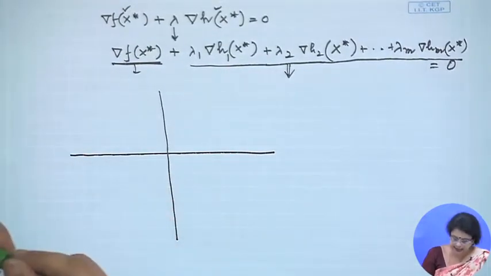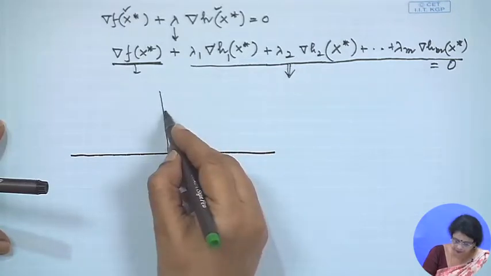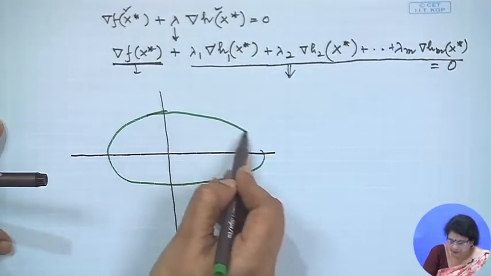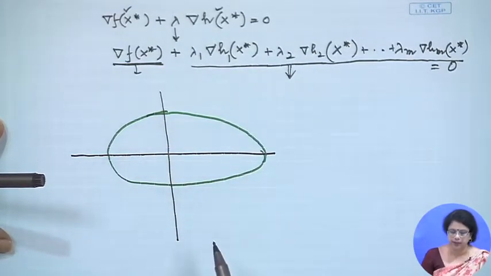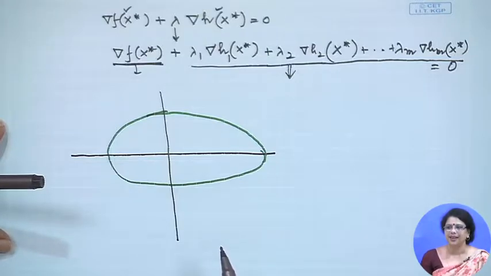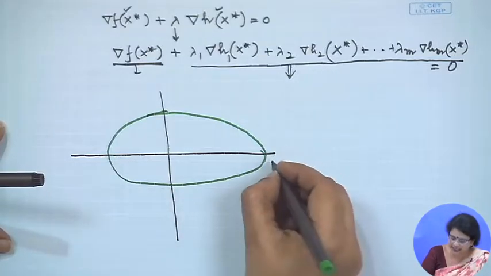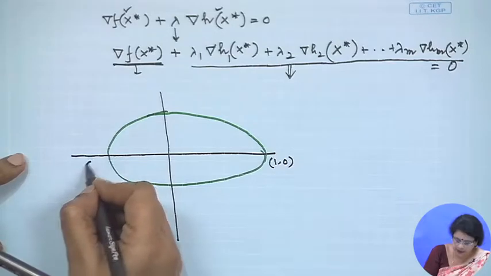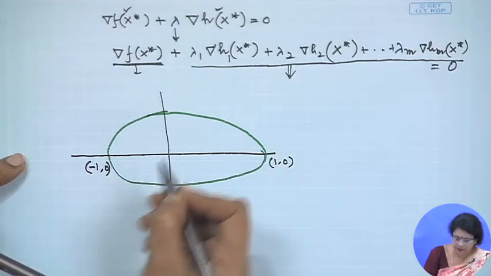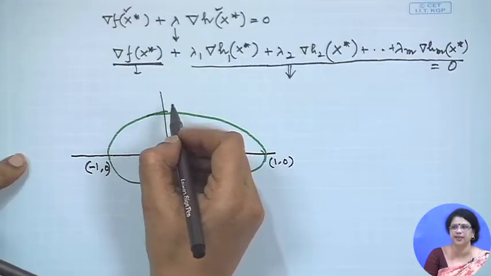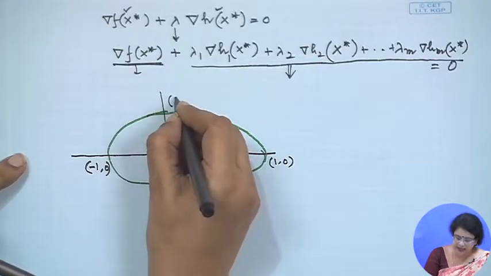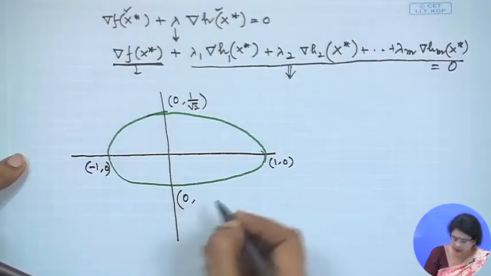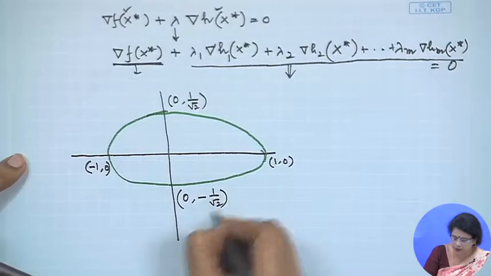If we just consider the ellipse, the drawing is not good enough, but this is the ellipse. From the equation we can say that this point is (1, 0), this point is (minus 1, 0), and in y, since 2y square is equal to 1, this is (0, 1 by root 2), and this is (0, minus 1 by root 2).